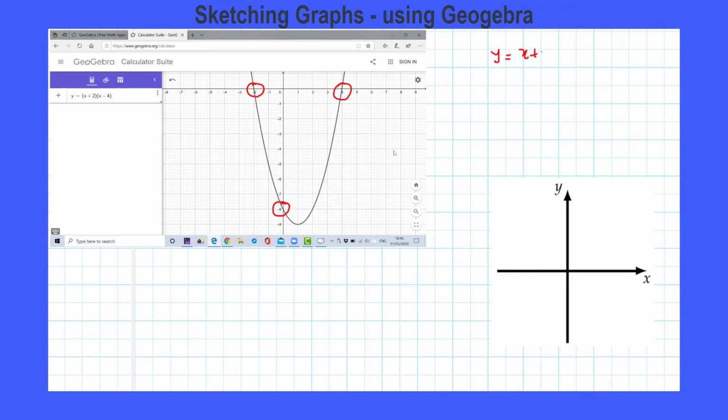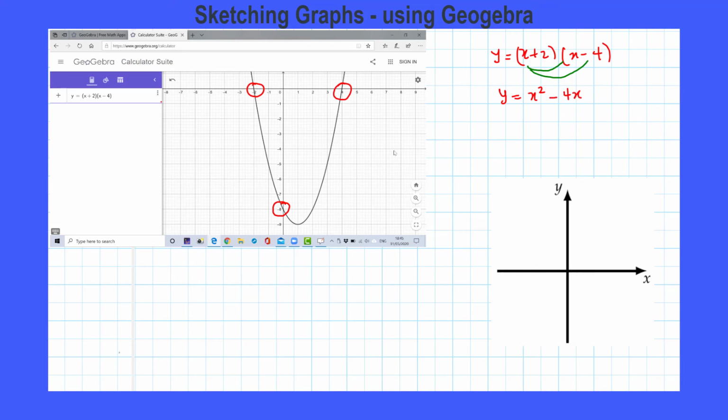And I copy out the equation and I'm going to expand out the brackets. Now remember the process that we would do this. We multiply everything in the first bracket by everything in the second bracket. So as I'm doing this, I'm going to say, x times x is x squared, so y equals x squared. Then I'm going to do x times negative 4, which is negative 4x.